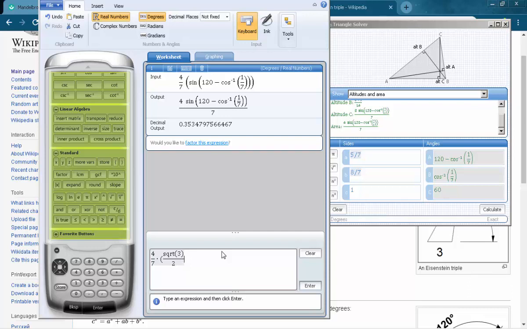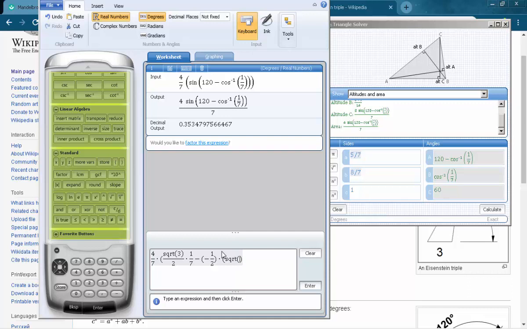And I guess we got to do the cosine of 1/7, which is just right there, 1 divided by 7. Don't have to do much there. As for the sine of 120, we already talked about that. That's 1 divided by 2 times. And well, this is a little bit more trickier.